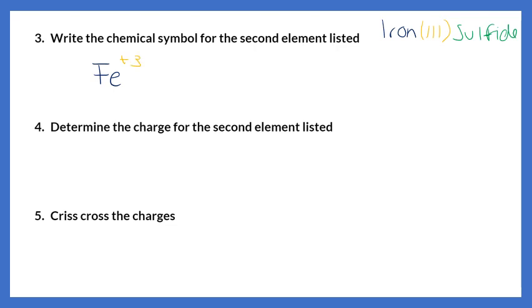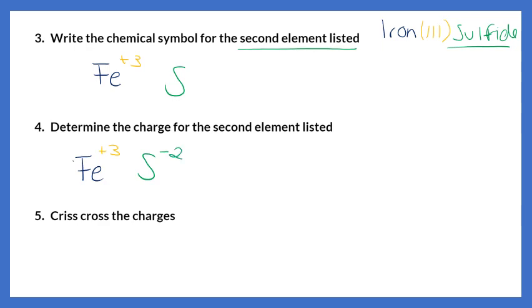And now it wants us to write out the second listed element, which is the sulfide. Sulfide is sulfur. Sulfur takes an S for the chemical symbol. Now it wants us to determine the charge for sulfur. Sulfur takes a -2 charge.